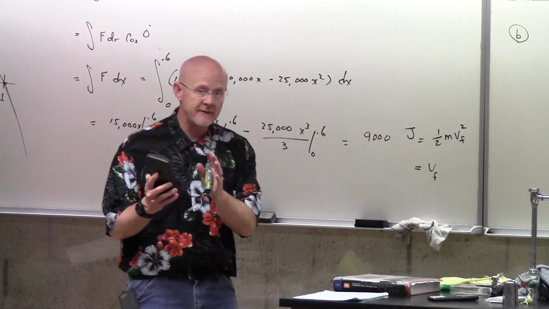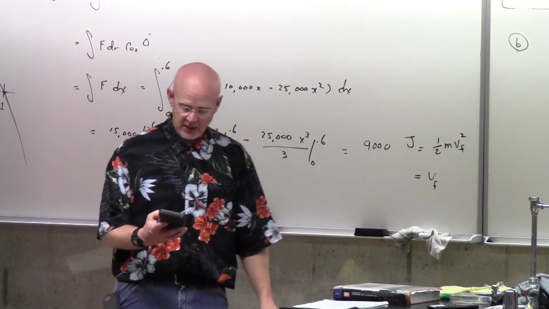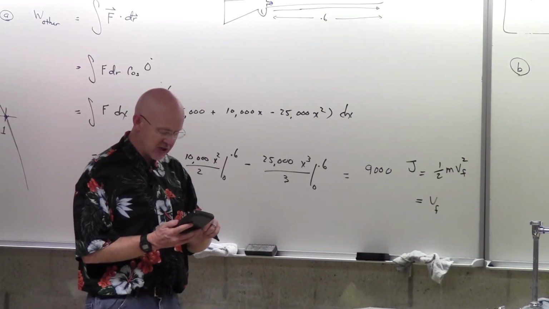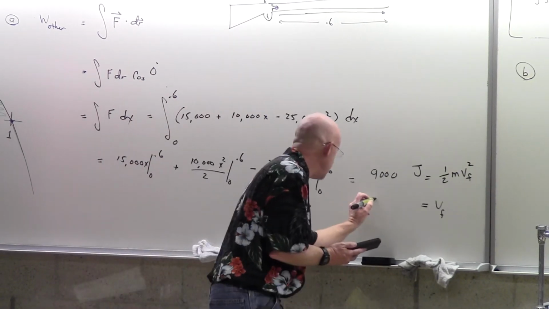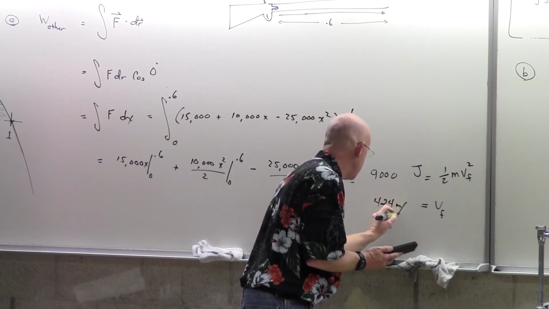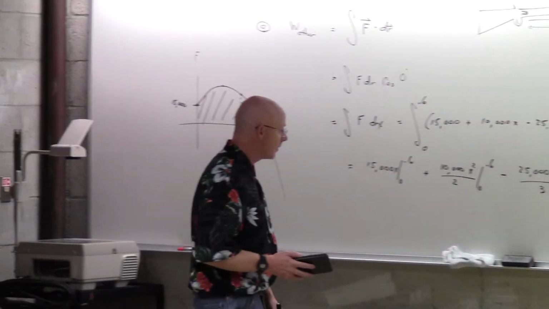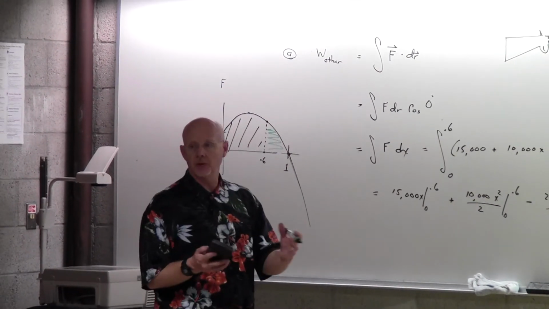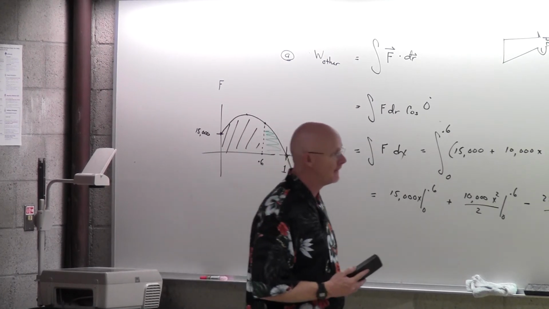Remember what's inside of a joule is a newton. Remember what's inside a newton is a kilogram. And then if I take the square root of all of that, I get a speed of 424 meters per second. And so typical speeds of a rifle, and so probably these are reasonable numbers.